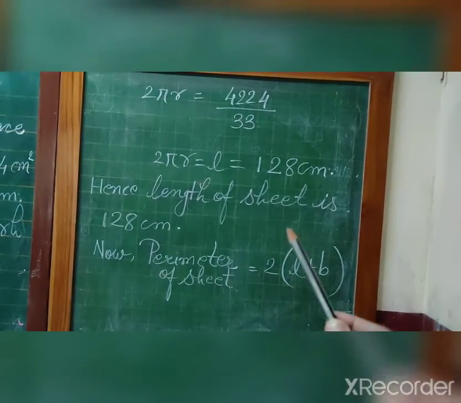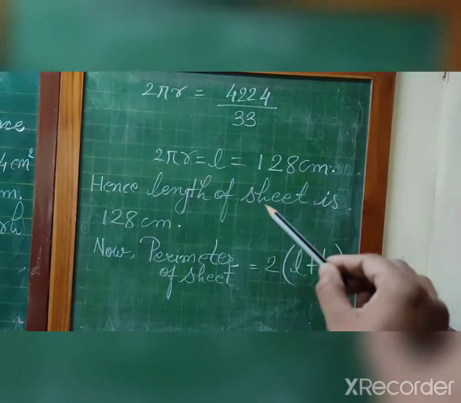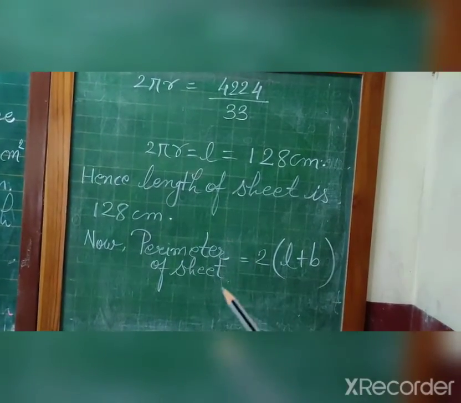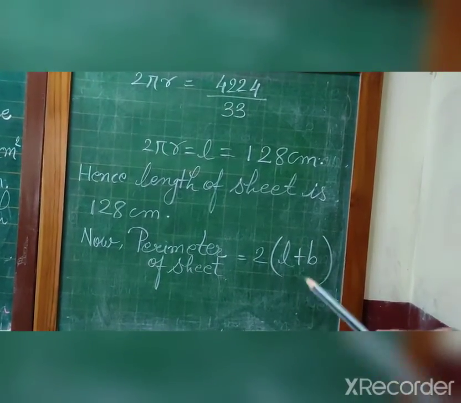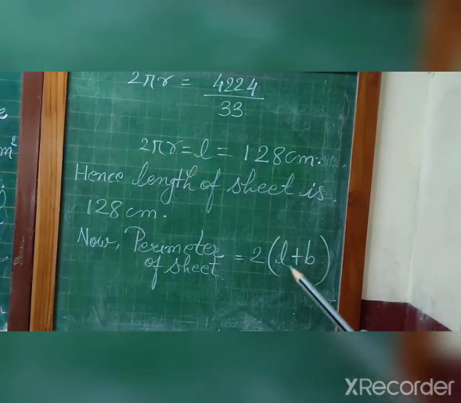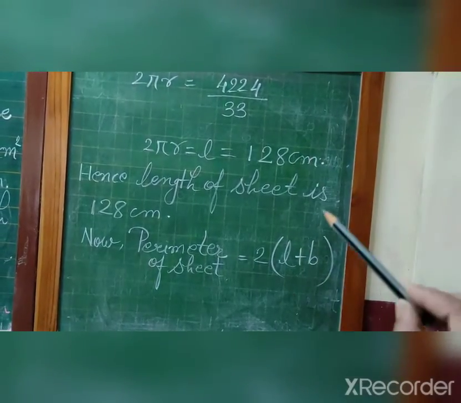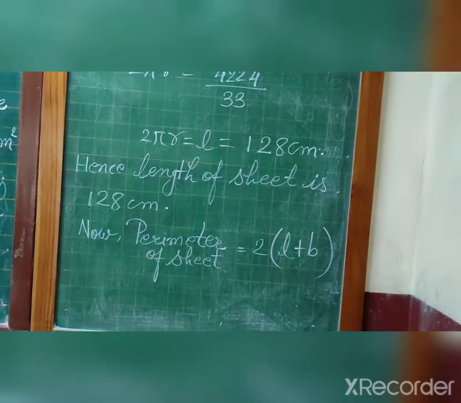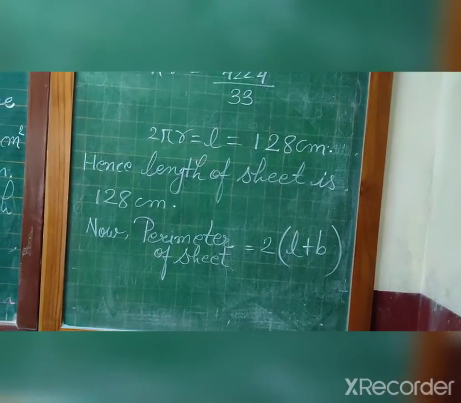Hence the length of rectangular sheet you will write here is 128 centimeter. Now perimeter of rectangular sheet is equal to 2 (L plus B). In place of L you will write 128 and in place of breadth you will write 33. Then calculate, you will get perimeter of rectangular sheet.